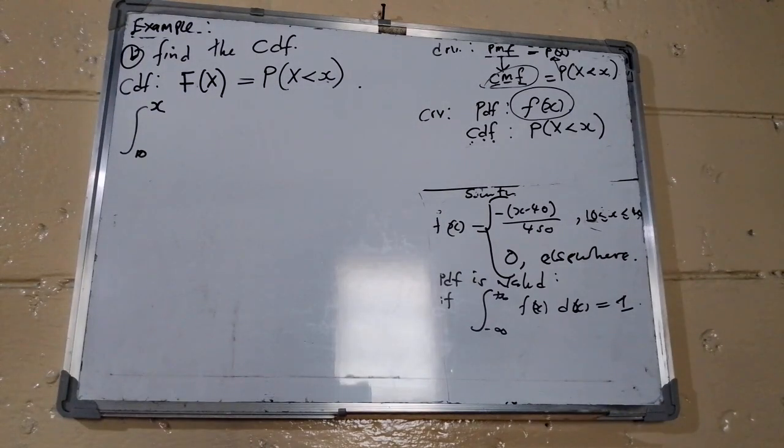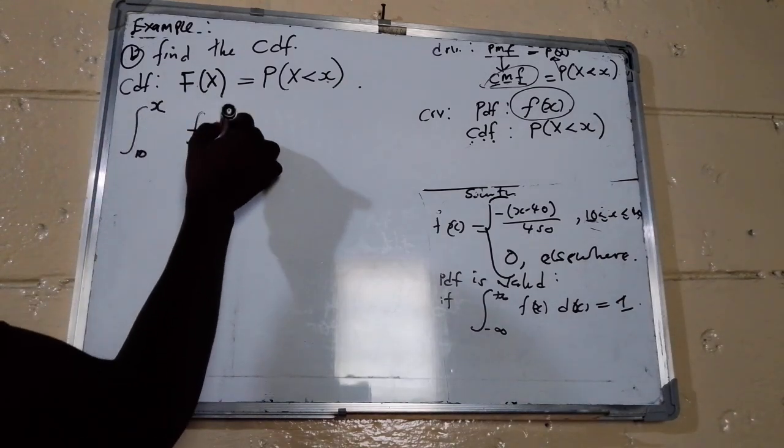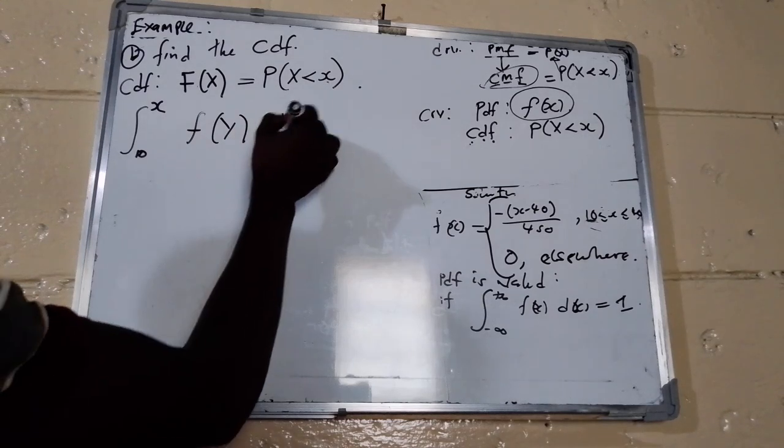So if the question says find the CDF, you're just integrating the PDF from the lower bound to x. Integrating what? Integrating f of y dy.